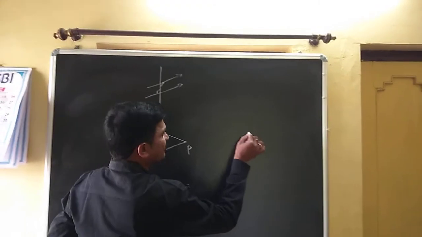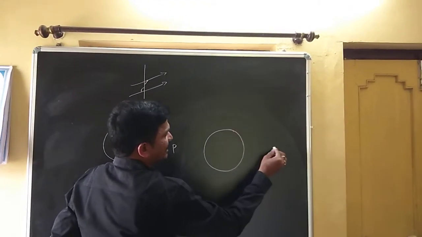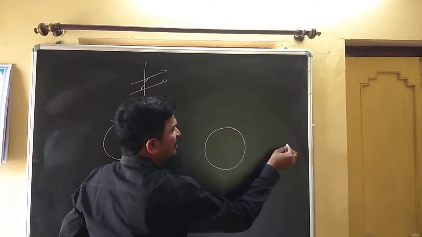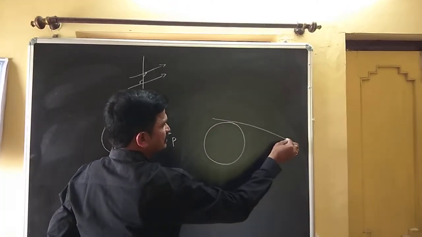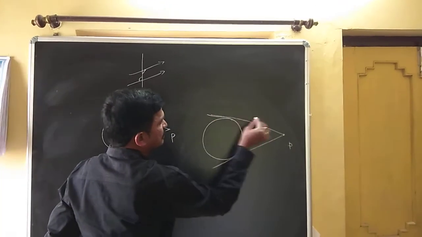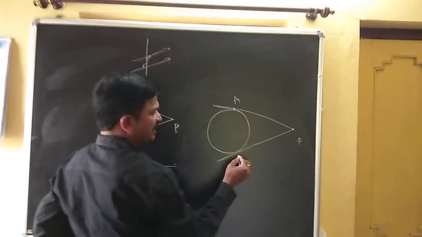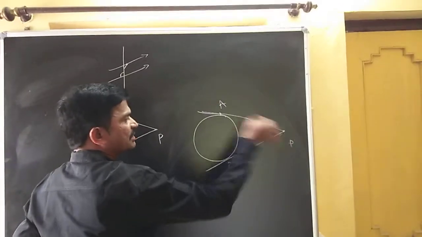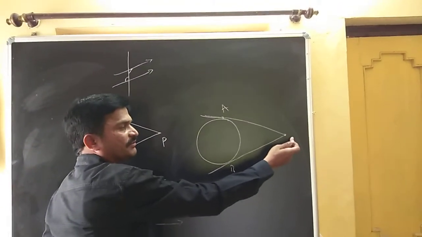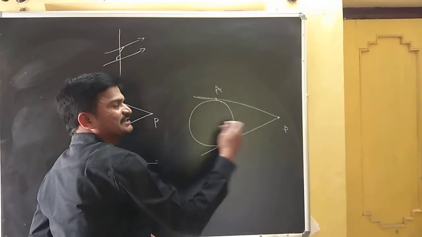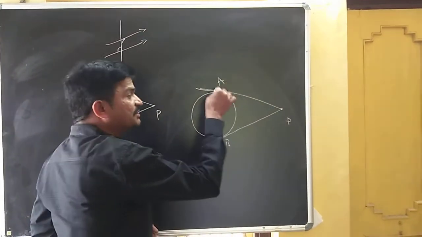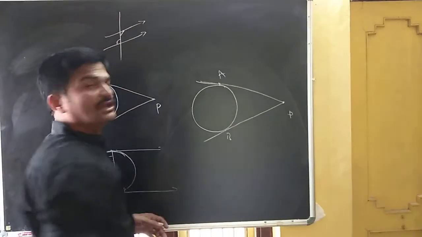For any circle, from an external point P, we can draw 2 tangents, PA and PB. These are the 2 tangents drawn from the point P, which lies exterior to the circle. These 2 tangents are also equal in length.